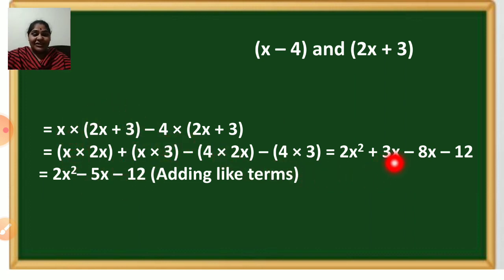Now minus 4 into 2x will be minus 8x, and minus 4 into 3 will be minus 12. And then 2x square, 3x minus 8x will be minus 5x and minus 12 as it is. We have added here the like terms. So this is how we can simplify and multiply binomial by binomial, children.